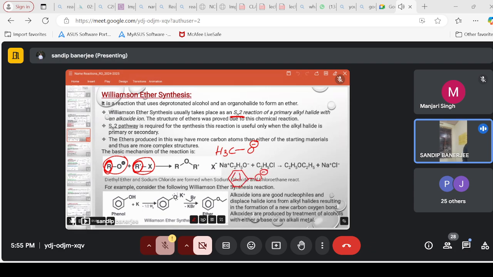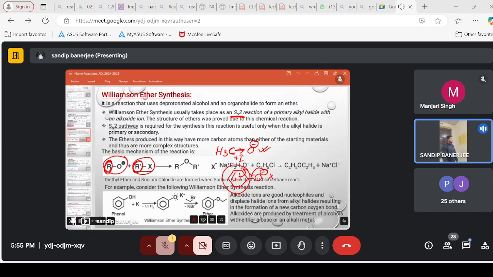Then you know this CH3 has a tendency to operate the plus I effect, and on the contrary, in the phenyl ring, the minus charge of this oxygen will participate in the conjugation with this benzene ring. So the possibility of electron donation will be lower for this system and higher for this system.